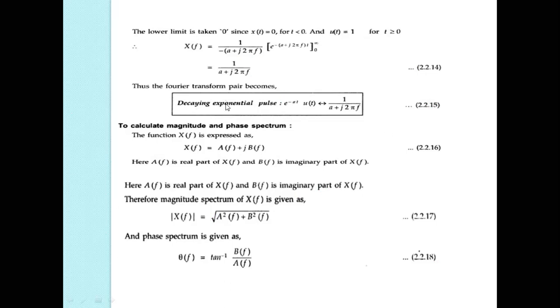Okay. So the decaying exponential pulse e power minus at u of t is 1 by a plus j 2 pi f. Now consider here X of f is 1 by a plus j 2 pi f, rationalized with a minus j 2 pi f, and in the denominator we have (a plus b) into (a minus b), a square plus b square.